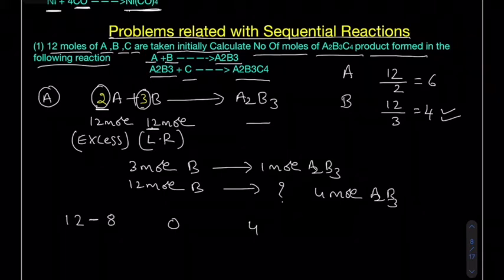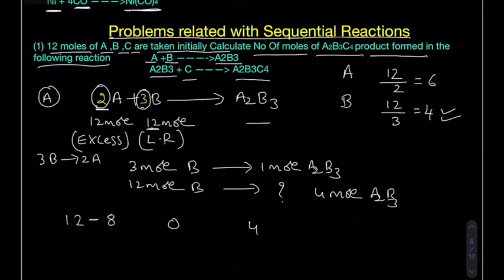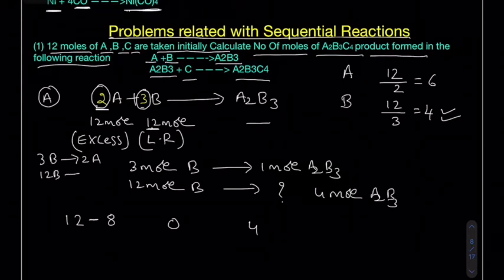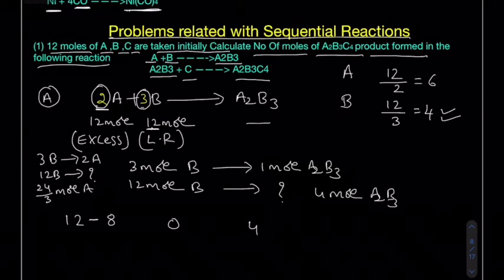Are you getting my point? Here I am writing: 3 moles of B require 2 moles of A for the reaction. Now 12 moles of B will combine with 24 by 3 moles of A, that is 8 moles of A.